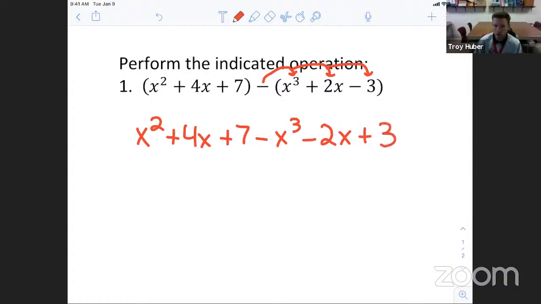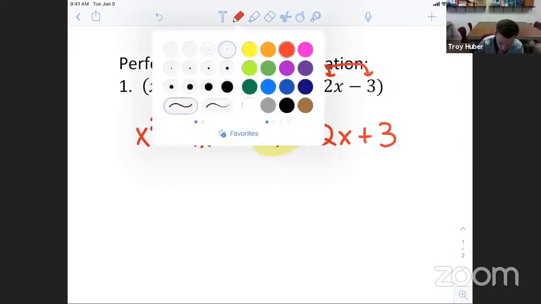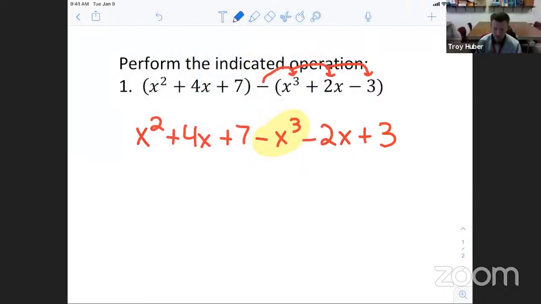Once we distribute that negative, we're just going to look for like terms. So I see I have this negative x to the 3rd power. So I'm going to rewrite that one first. I always like to put the highest degree first. So I have negative x to the 3rd.